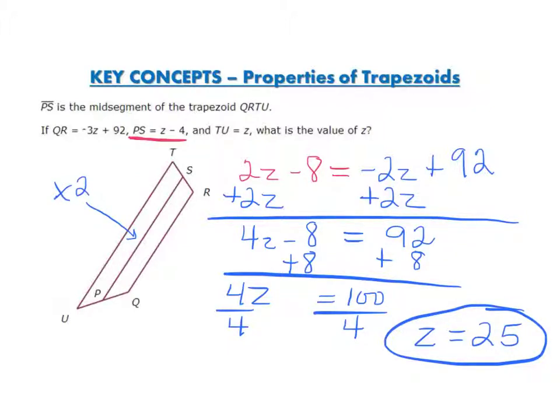Starting with the shorter base, I got 17, the midsegment was 21, and the longer base was 25. So you can do the math, add up the two bases, divide it by 2, and you'll come up with 21. So the value of Z does equal 25.